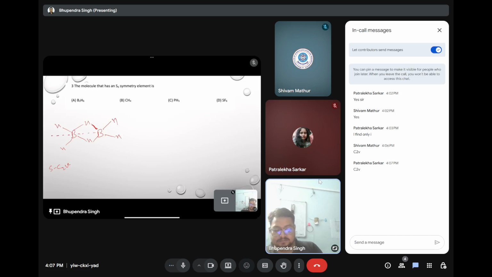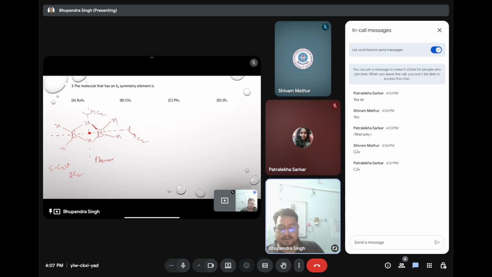See, this is one axis, this is another axis, C2. Plus, there is an axis because this is a planar molecule. So if this is a planar molecule, one axis going from above is also present. So C2 axis is also present. So three C2s are present, and you have the molecular plane.